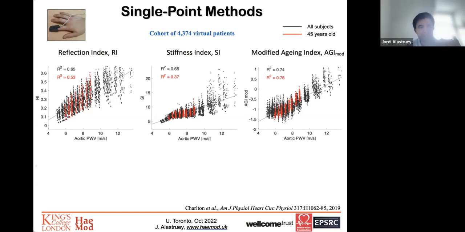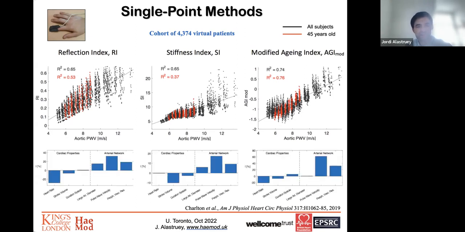Using in silico testing, we could also study the physiological determinants of each index and provide a mechanistic explanation of why the third index is performing better than the other two. This is illustrated in these lower plots. The key result is that there are several cardiovascular properties in addition to pulse wave velocity that influence the three indices, such as heart rate, stroke volume and large artery diameter.